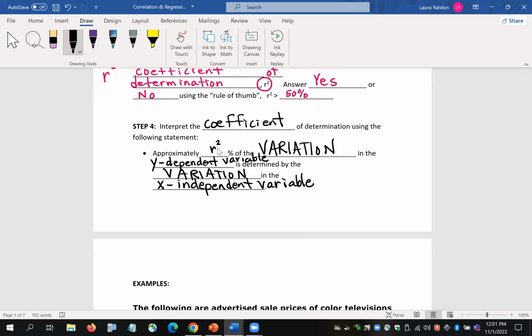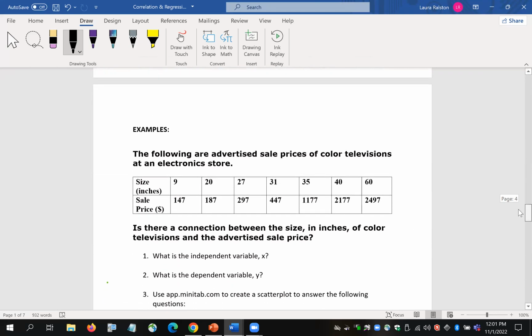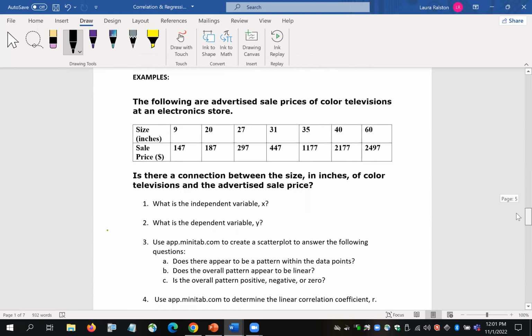Okay, I've got about 14 minutes. I would like to try to start example 1. I don't know if we can get all the way through it with all of the explanation, but let's see if we can start. And the examples are at the end of those fill in the blank notes. So it says the following are advertised sale prices of color televisions at an electronics store.